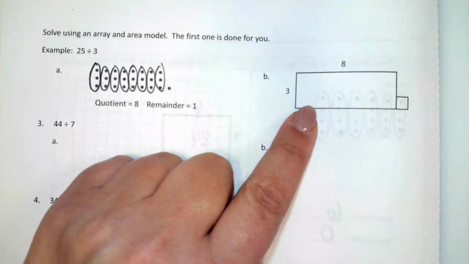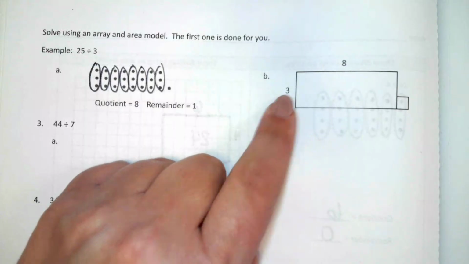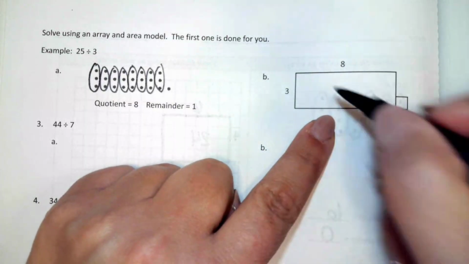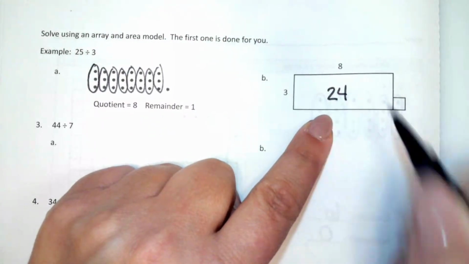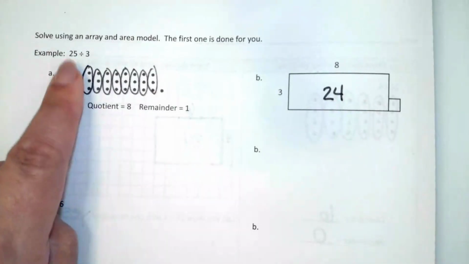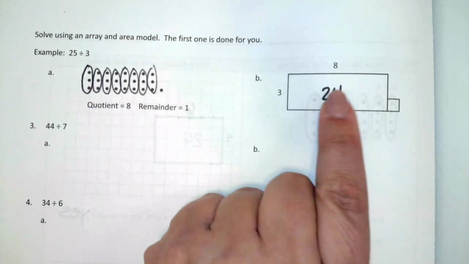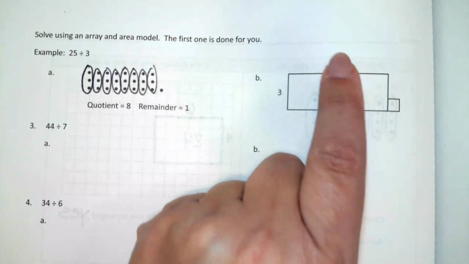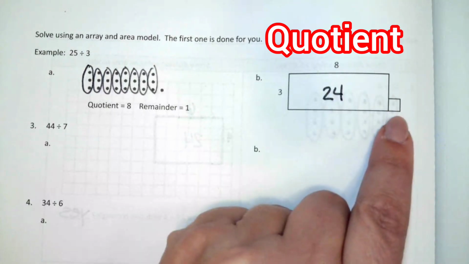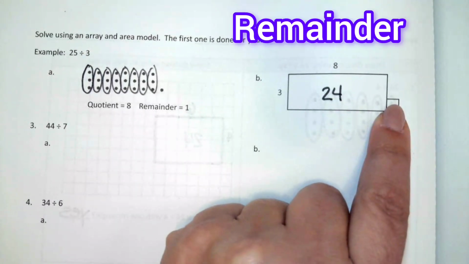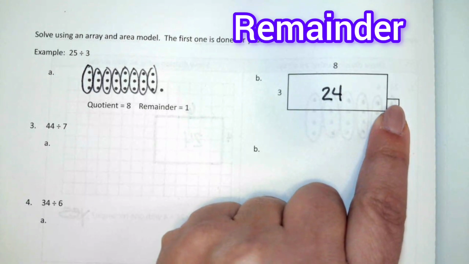Here's the area model. 3 times 8 is 24, but we need one more to get to 25. So here's one more. Now there's 25 in all. 8 is the quotient. The remainder is 1, this one square on the side.